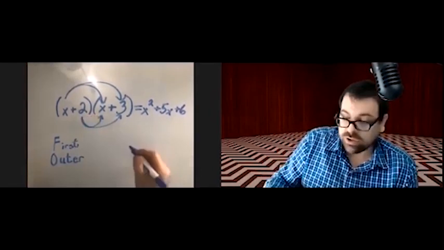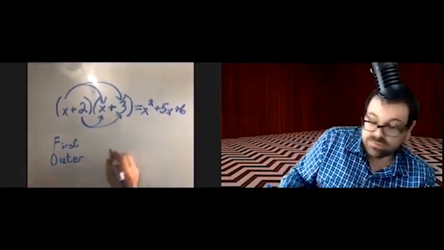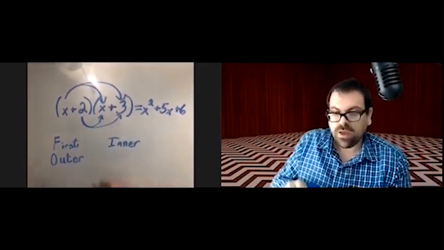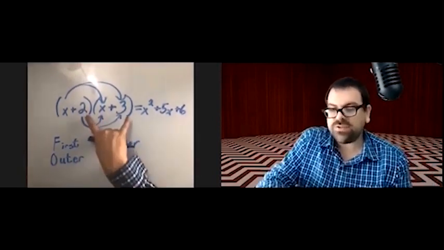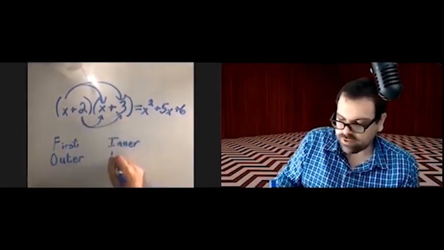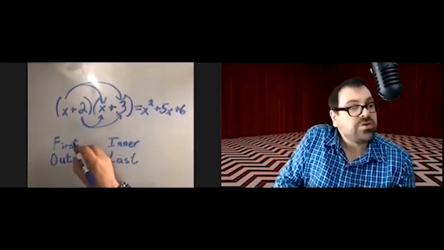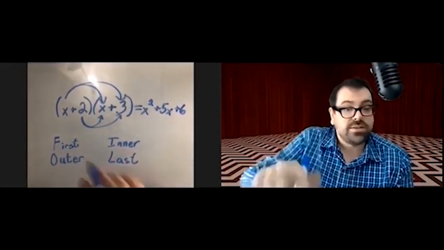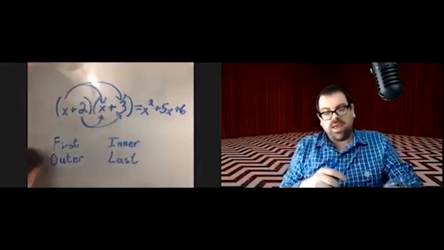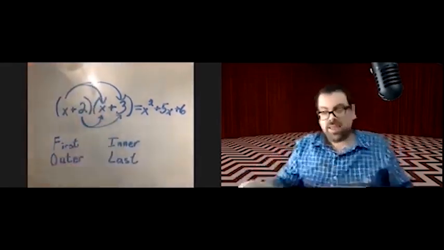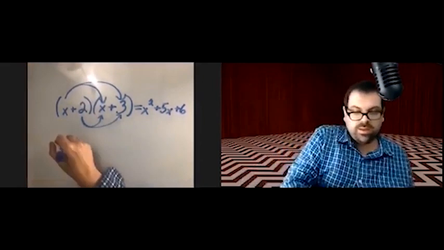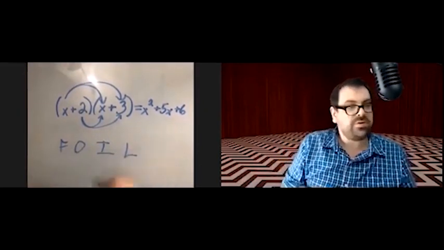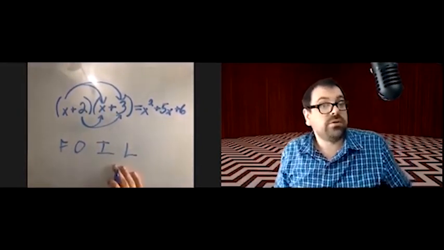These are the inner terms. And then the 2 times the 3, these are the last terms. First, outer, inner, last. FOIL.